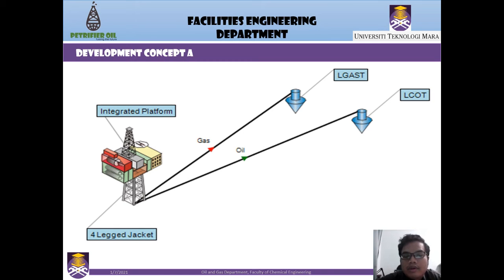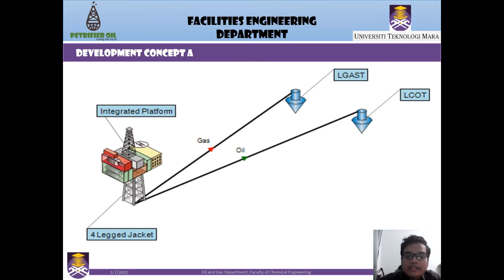The first concept, A, consists of a fixed jacket, which is built with a 4-leg jacket structure, and the platform is an integrated platform where the wellhead platform, CPP, central processing platform, as well as the living quarters and other units will be on the same platform.